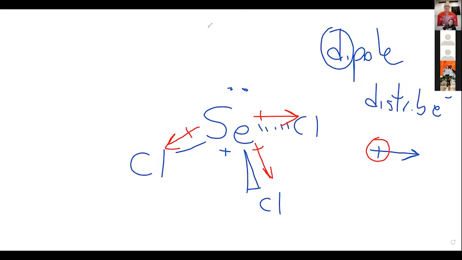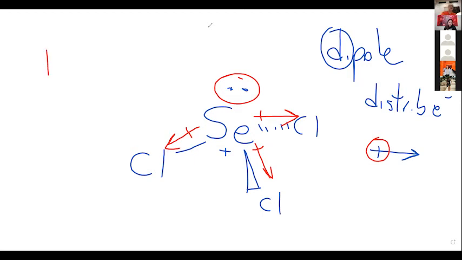So if we look at this, now we know what the bond dipoles look like, but we still don't know whether or not the whole molecule is polar. Now we need to see, do these bond dipoles cancel each other out? Or when we add them together, do they make a larger dipole pointing in a direction? So the fact that this lone pair is there means that these bonds are not on a plane.